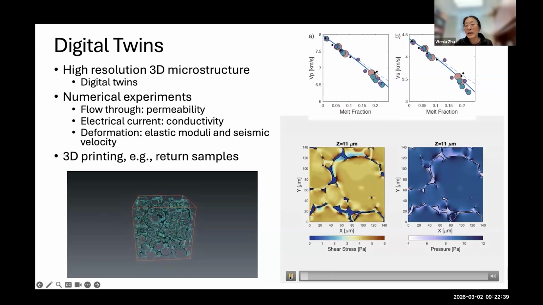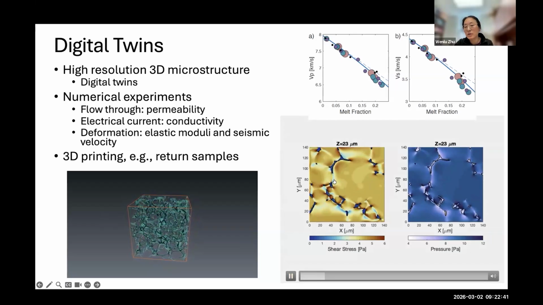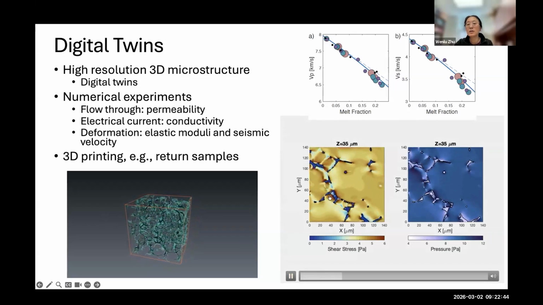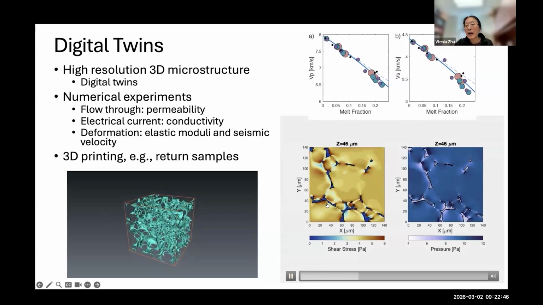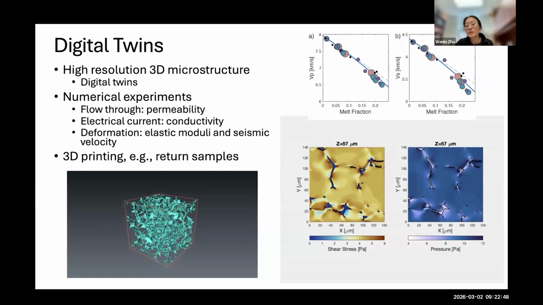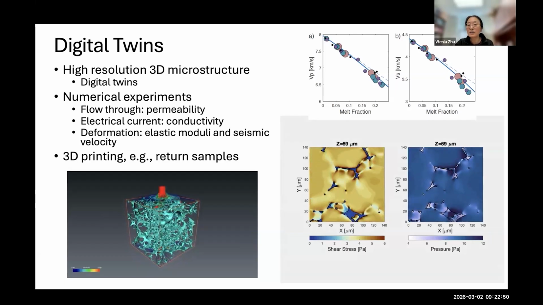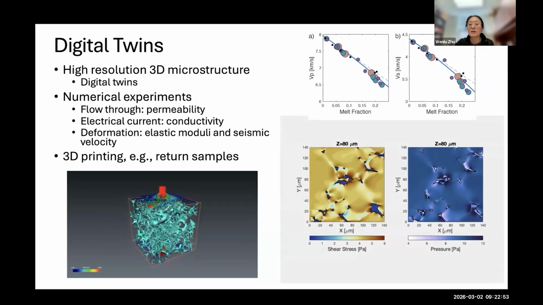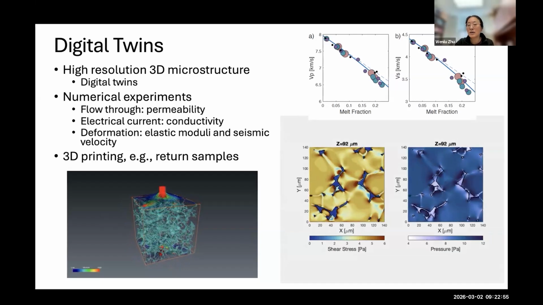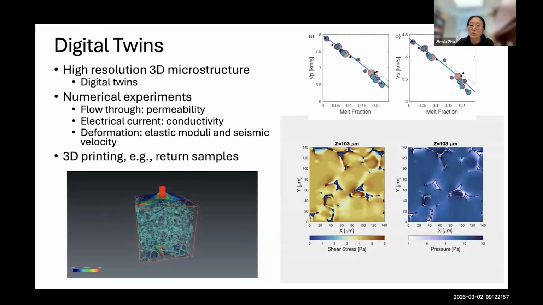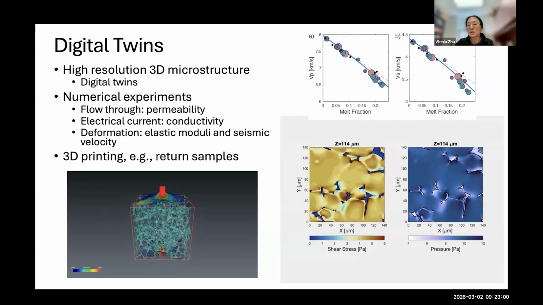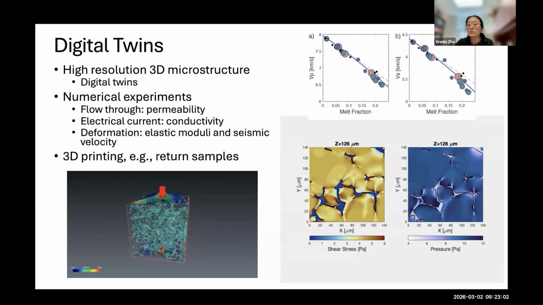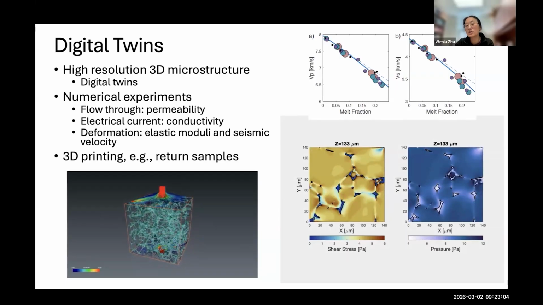You can run mechanical models that look at the stress distribution. And from there, you can actually start to do experiments virtually on digital rocks, which are the digital twin of the real rocks, and then compare to some of the in situ studies, or you can do that at conditions that are experimentally challenging. And that opens up other possibilities.